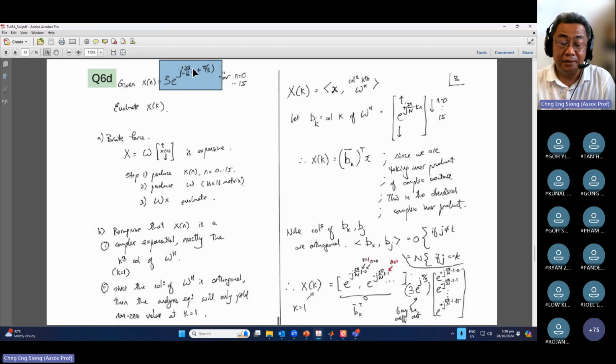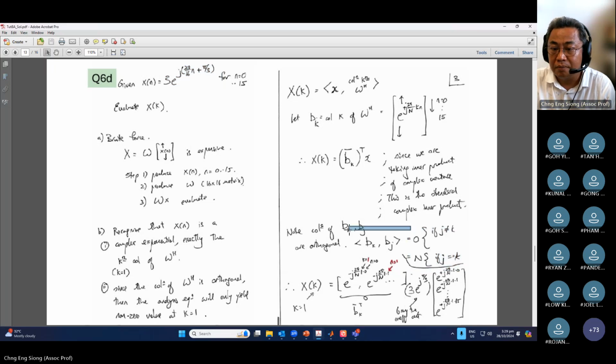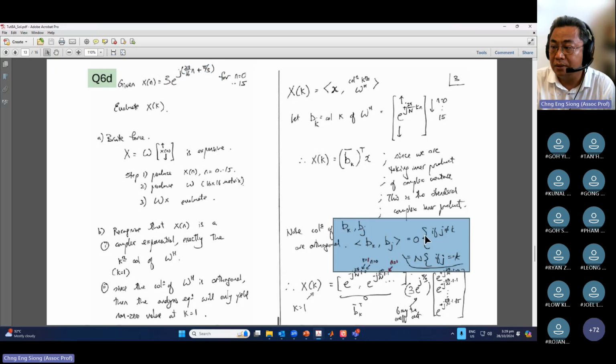You'll recognize this as actually one of the rows of the W matrix. When we take the inner product with this, we'll exactly get the coefficients: 3 comes out, π/3 comes out. And the rest of the rows of W are orthogonal to this, so when we take the inner product, out comes 0. So this is the reason.